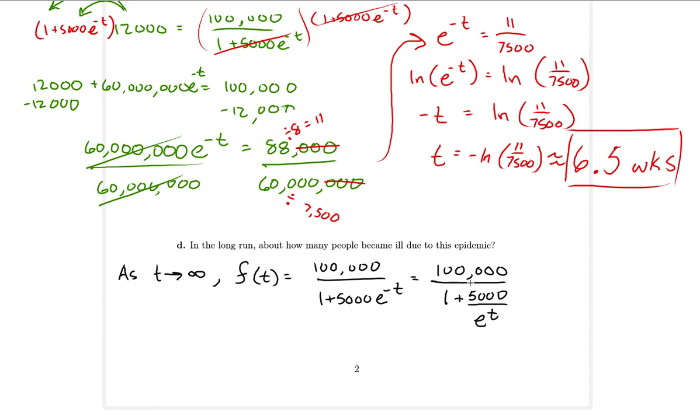And so this term here is going to 0. And so that means that this function must be going to 100,000. So as time goes on, the idea is that the epidemic is approaching 100,000 infections in this particular region.